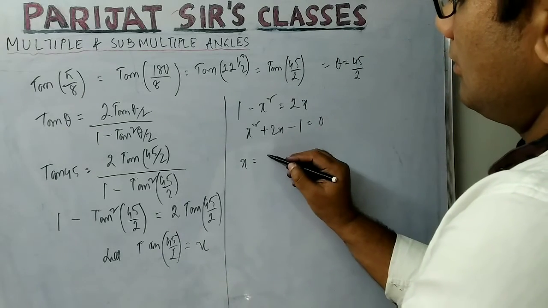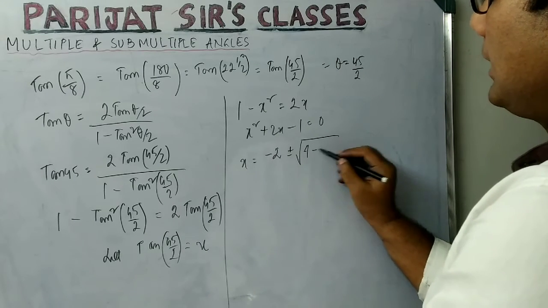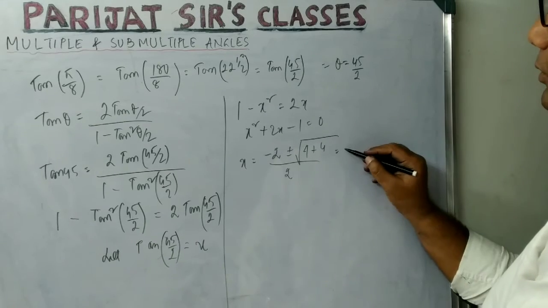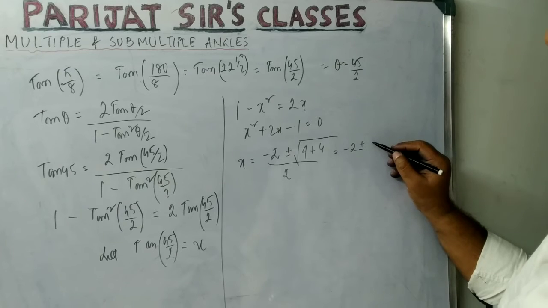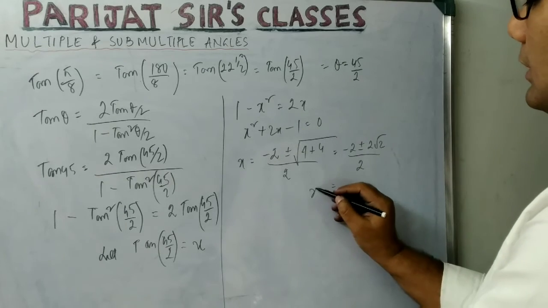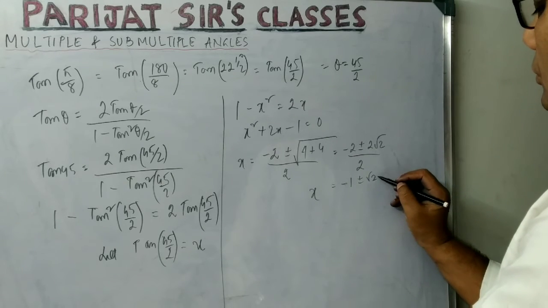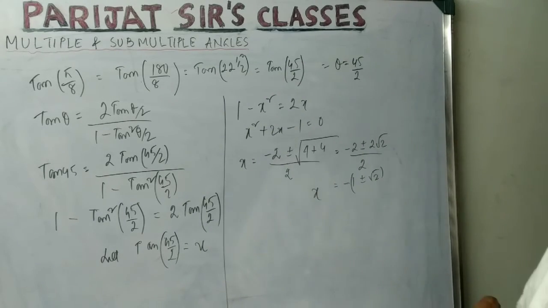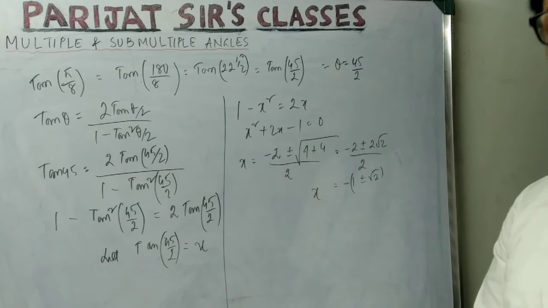X is equal to minus b plus minus root over b square minus 4ac, by 2a. So it comes out to be minus 2 plus minus root 8, and root 8 is 2 root 2, by 2. So this is minus 1 plus minus root 2. Now here two values are there: minus 1 minus root 2, and minus 1 plus root 2.